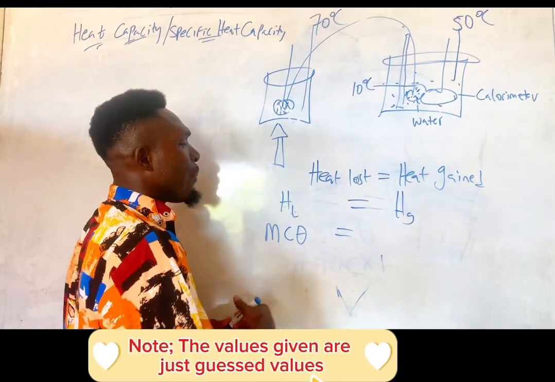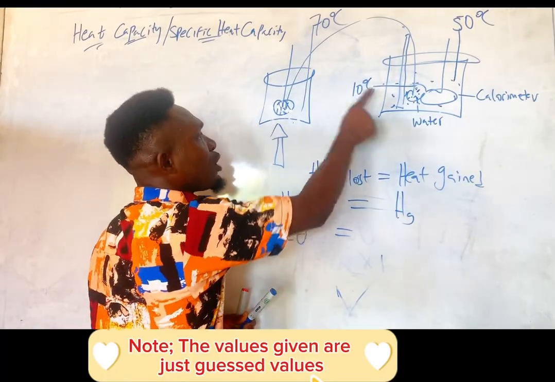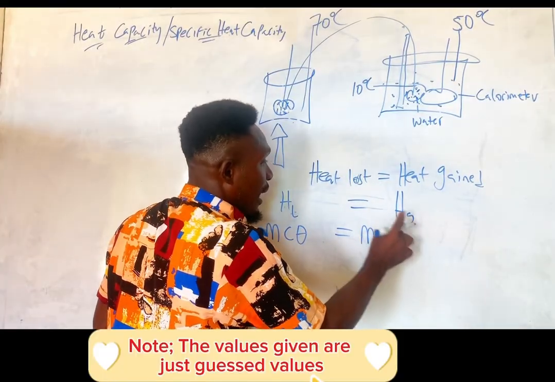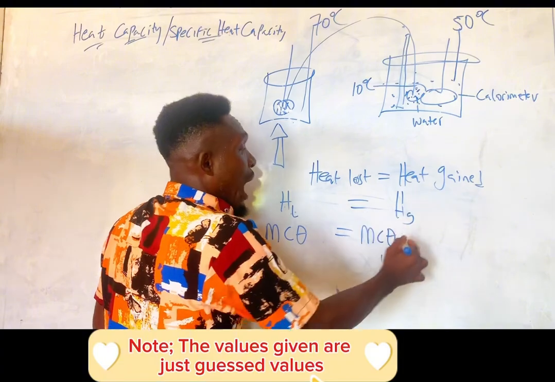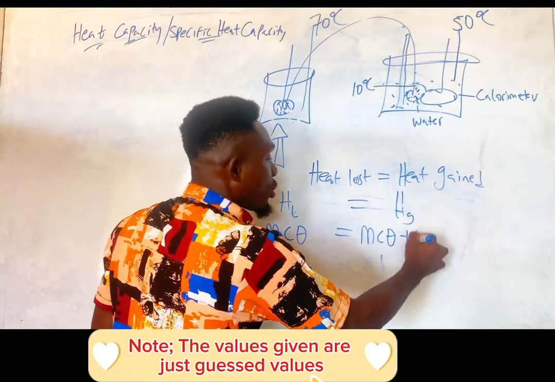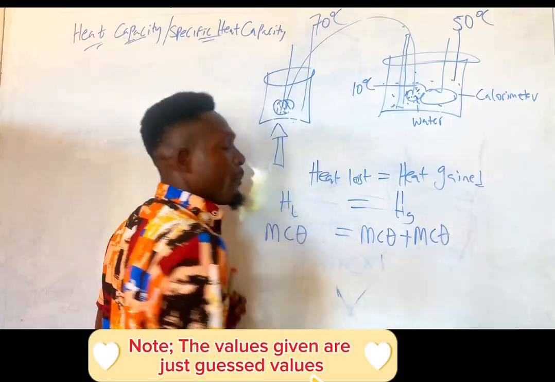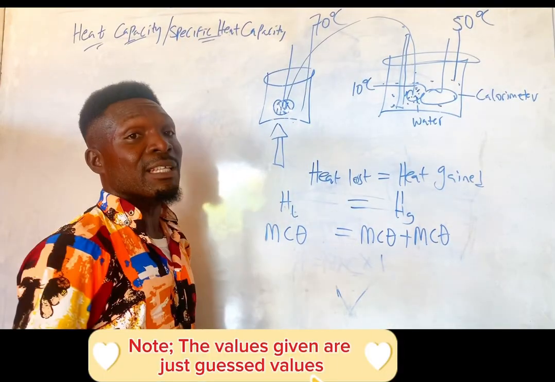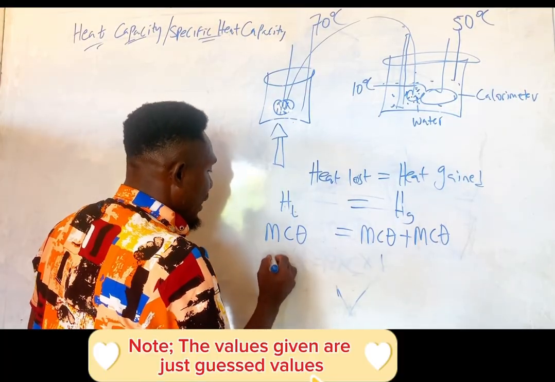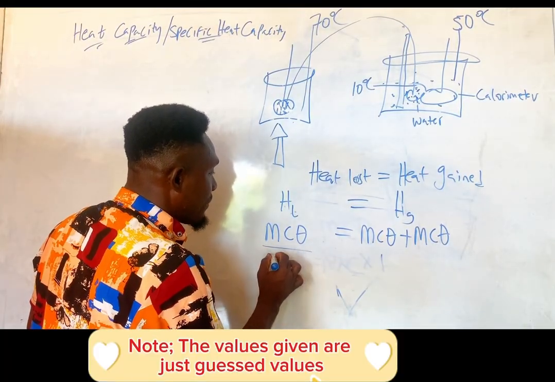So what do I do now? The heat lost by this metal is equal to the heat gained by this container, which is equal to mcθ. Remember, heat gained by this is this. And also plus the heat gained by the water inside the container, which is also plus mcθ. Now with this, you can determine the specific heat capacity. We write this plus this, and then we make c the subject of the formula by dividing it by what?